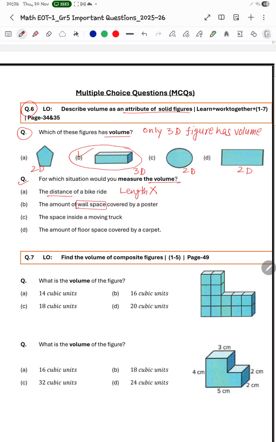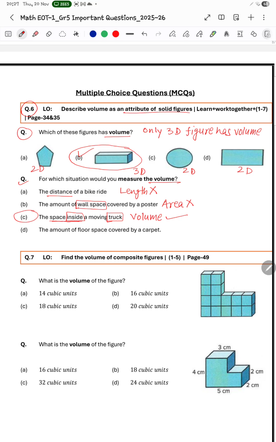So wall space always gives you area. So this is also not correct. Space inside a truck. So any space which is inside a 3-dimensional shape is called volume. So this is your correct option. So option number C is the right one.